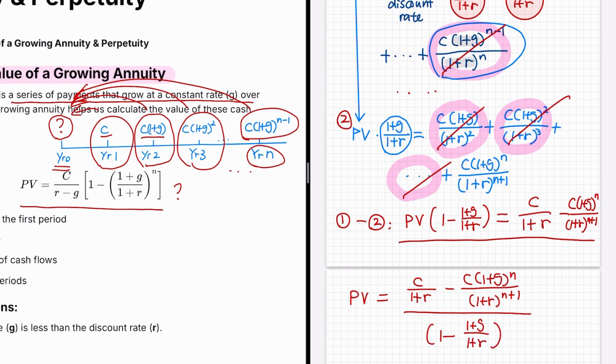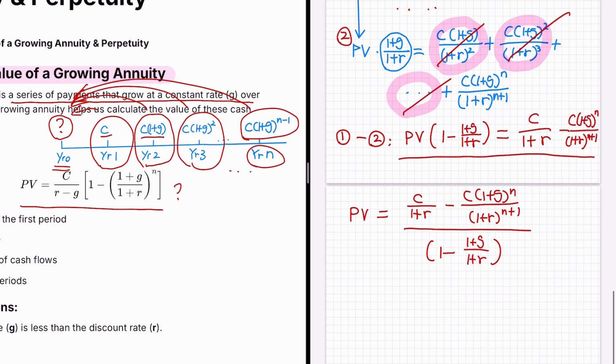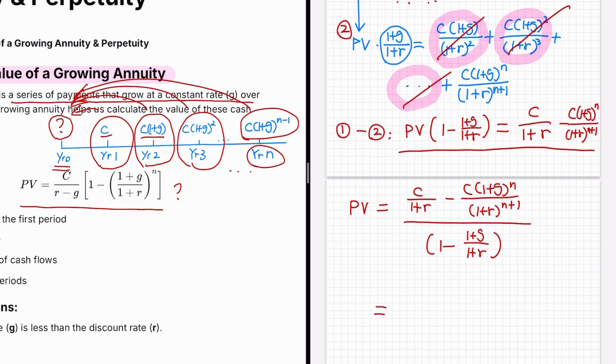So how can we simplify this formula? Well, we can move the common term out, that is C, and it becomes 1/(1+r) minus (1+g)^n/(1+r)^(n+1), divided by 1 minus (1+g)/(1+r).